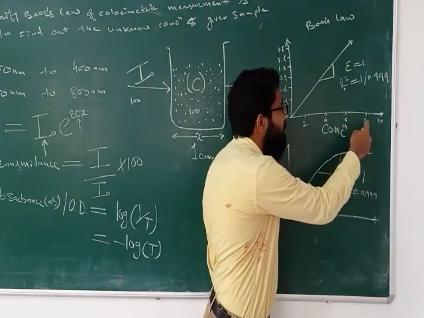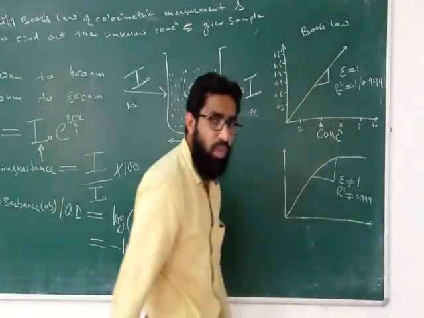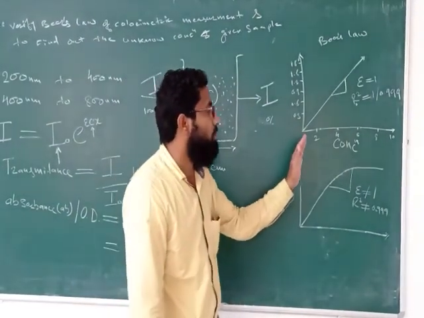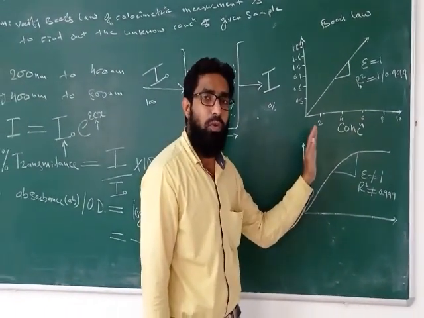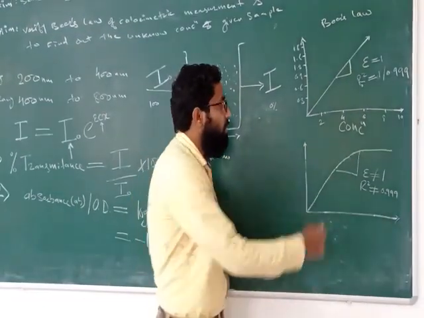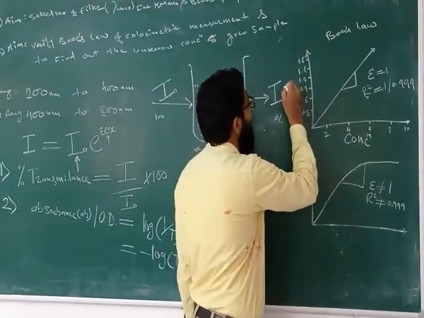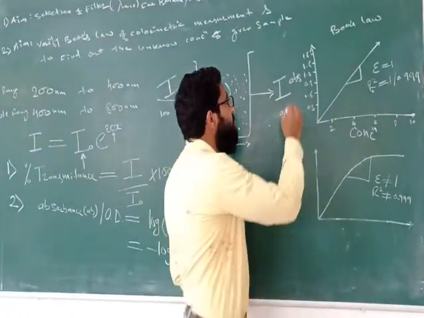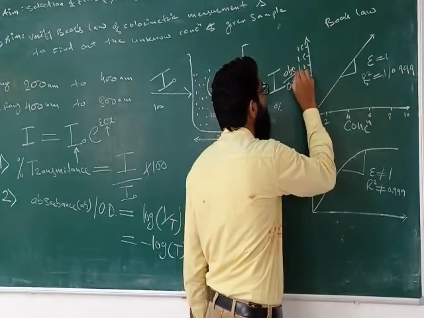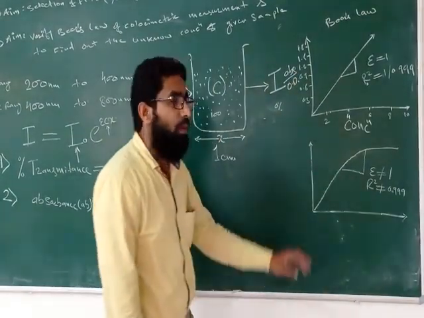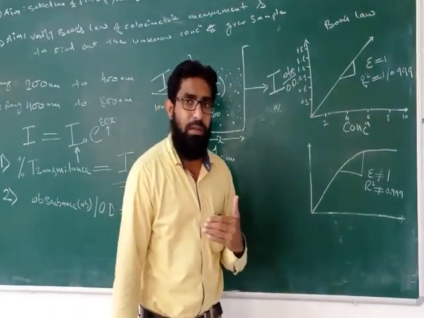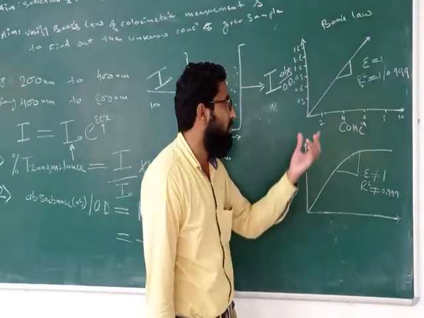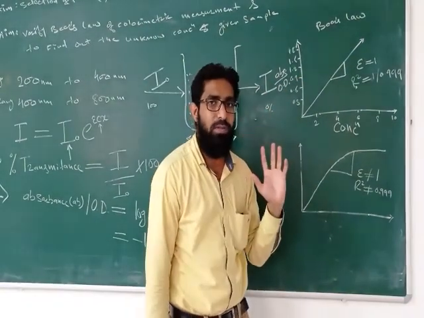First listen, the graph plotted for the UV visible spectrophotometer or colorimeter is concentration versus absorbance, or optical density.